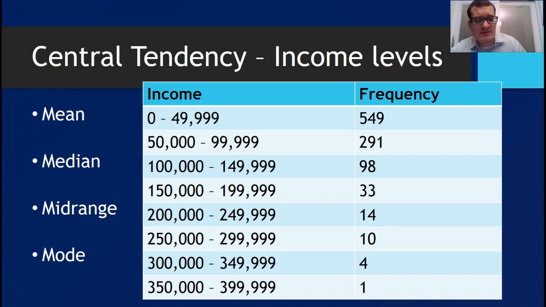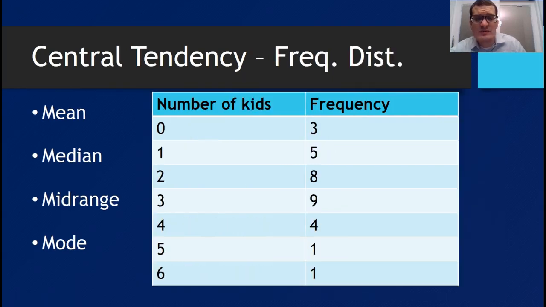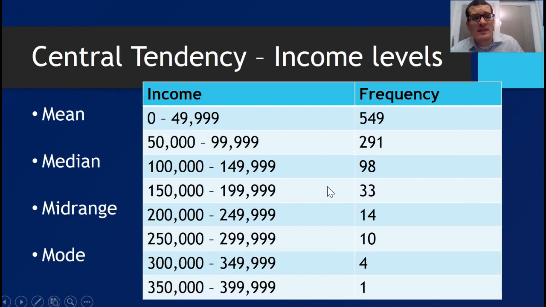And that's a little bit different than the other example we see here, right? The highest frequencies are in these middle values and they kind of fade away on both sides. But again, in the income example, the vast majority of people fall into those first couple of categories, and then it gets smaller from there.